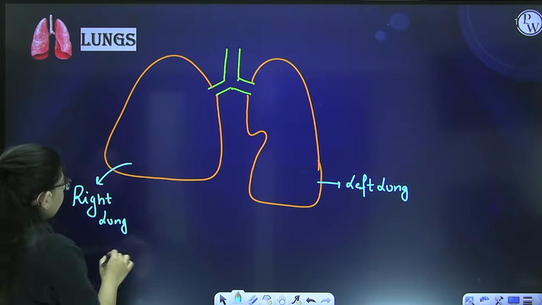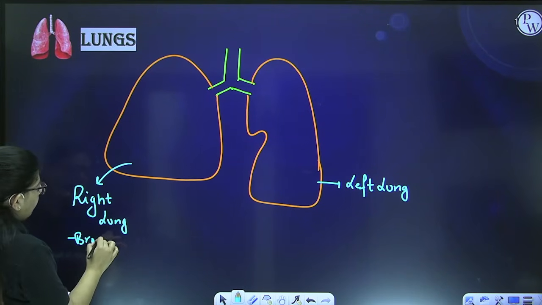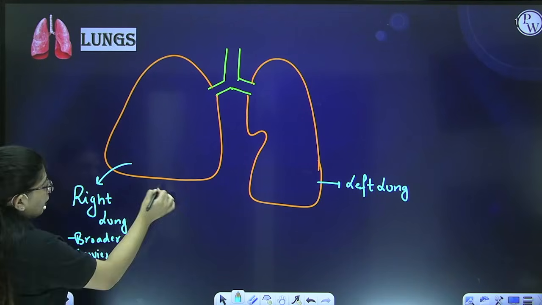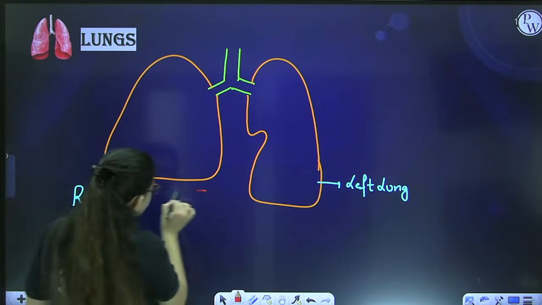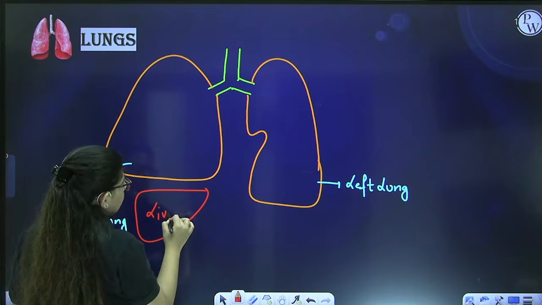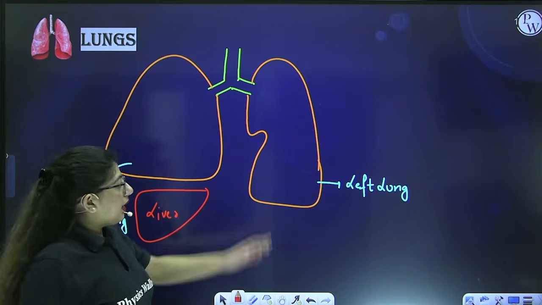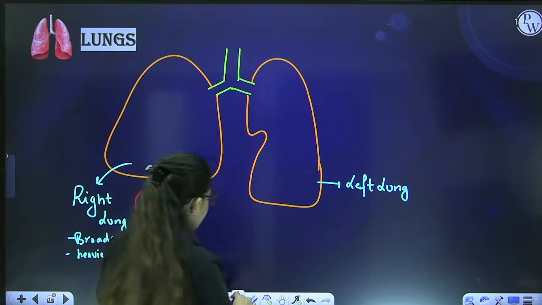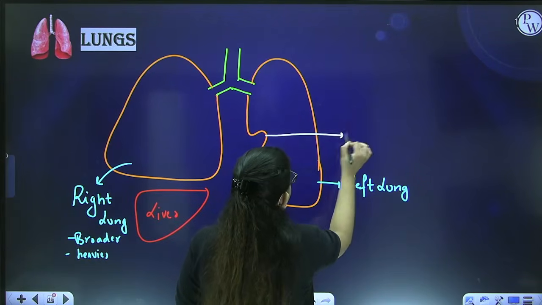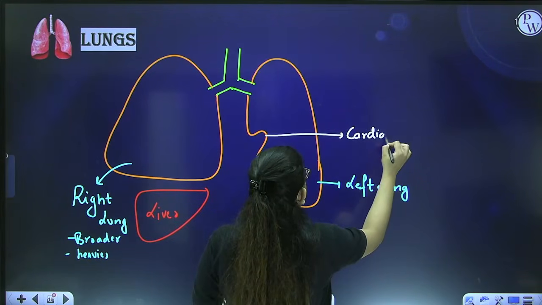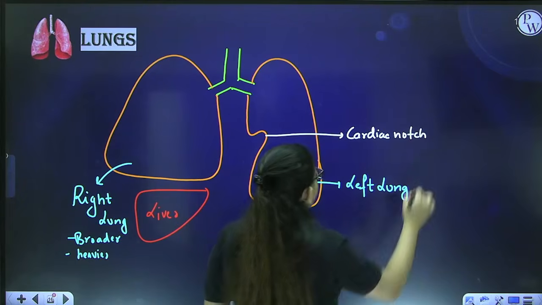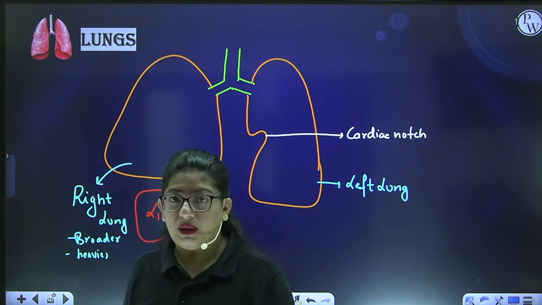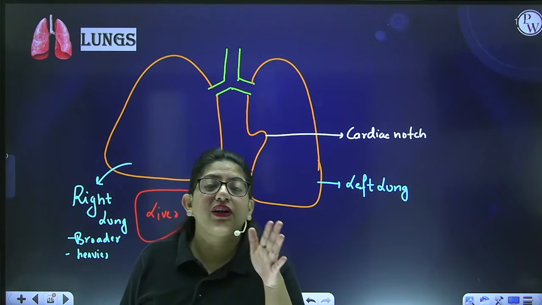The right lung is a little broader and heavier and sits a little higher. Why? Because here you have the liver. Due to the presence of the liver, the right lung is a little on the upper side. And the left one is longer and has a structure in it known as the cardiac notch. What is this cardiac notch? While you were an embryo and developing, the heart started to accommodate and side by side the lungs were developing, and the heart is present a little on the left side.